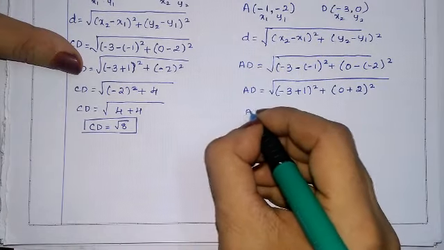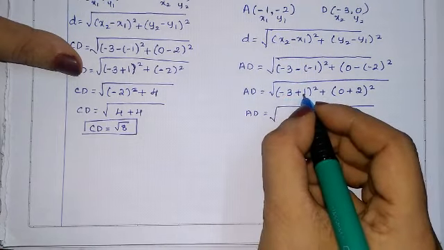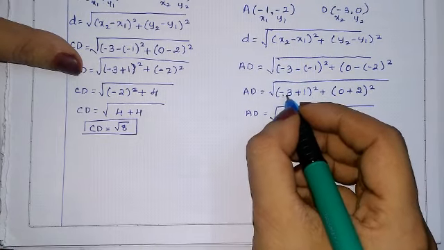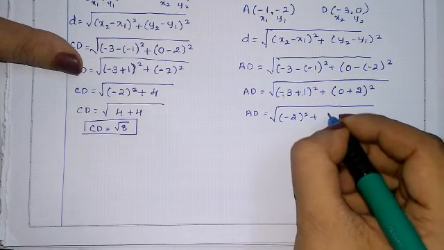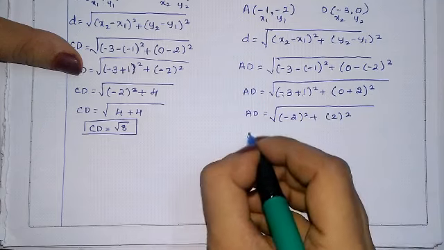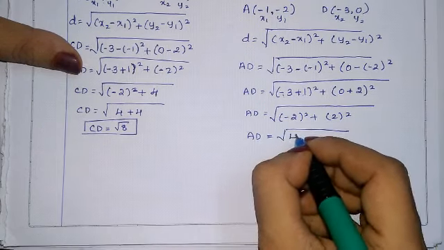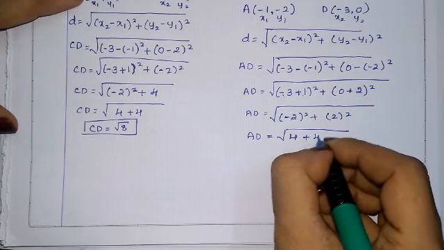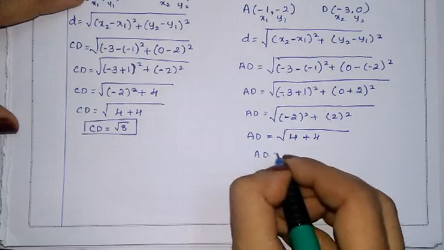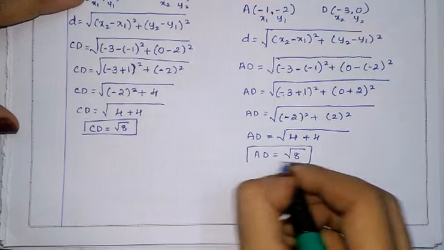Negative number square is positive, 4 plus 4 is root 8. So here AD also is root 8.